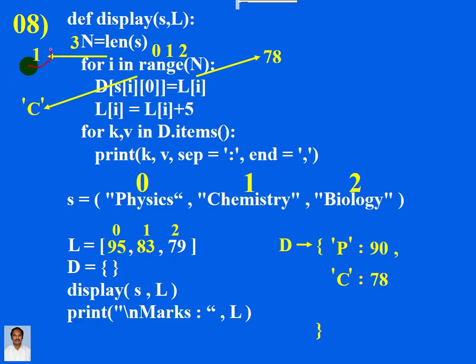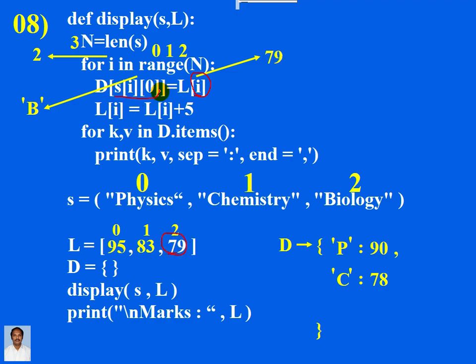Again, I takes the last integer in the range, that is 2. I is 2. S of 2 will give you biology. And biology of 0 means you will get the first character of the string B. So here you get B. Now D of B equals L of 2. What is L of 2? 79.